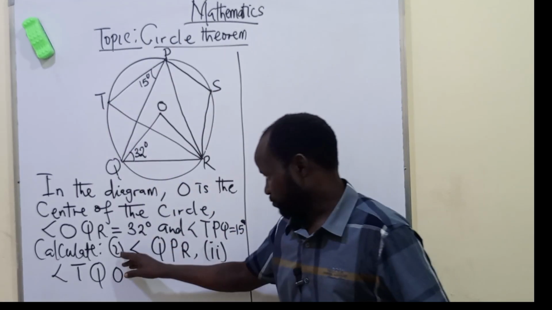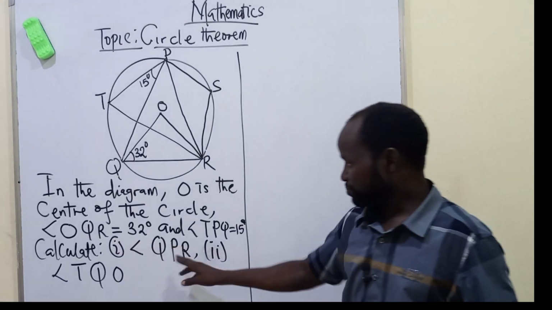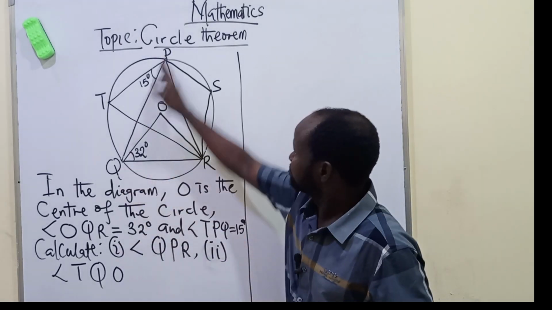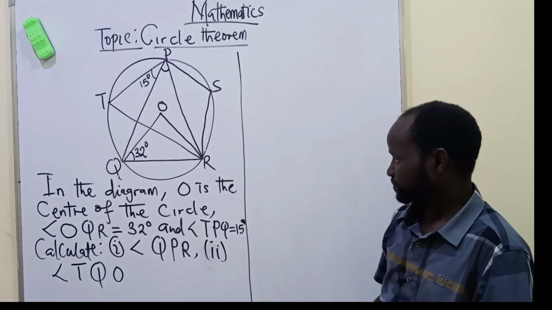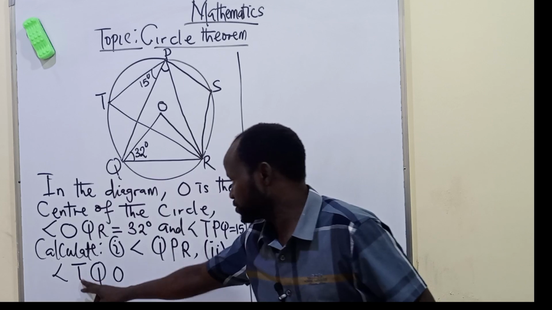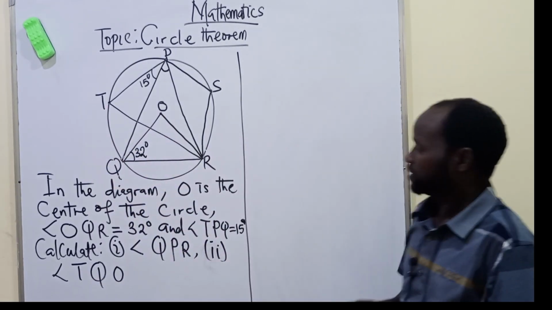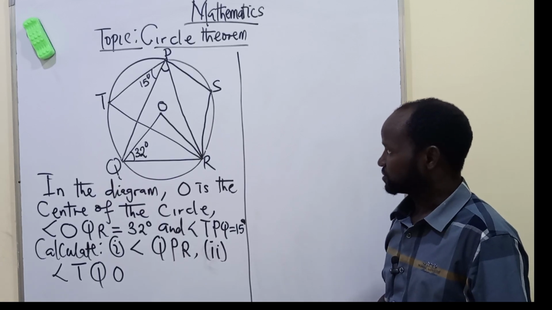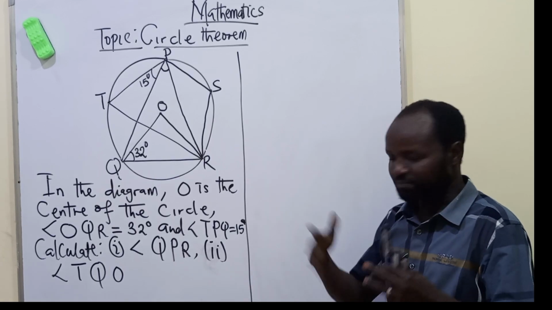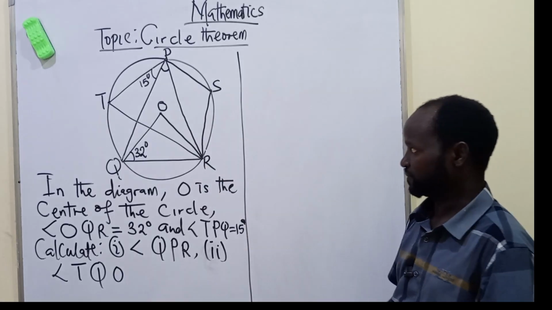We are asked to calculate Roman numeral 1, angle QPR. QPR, that is the angle at this point here. Then Roman numeral 2, TQO. Let's look at this drawing very well to see the theories and the basic properties of angles we can apply to solve this problem.